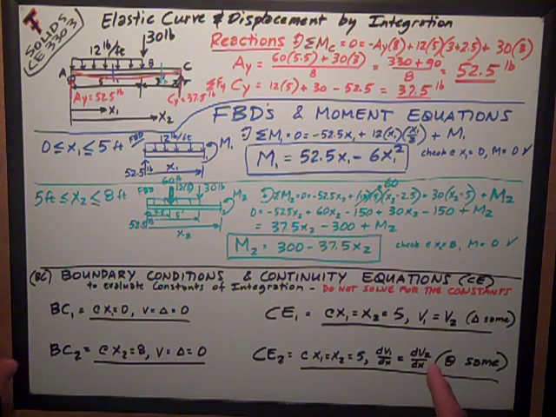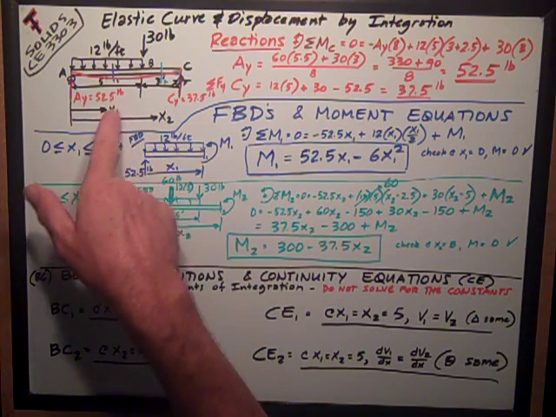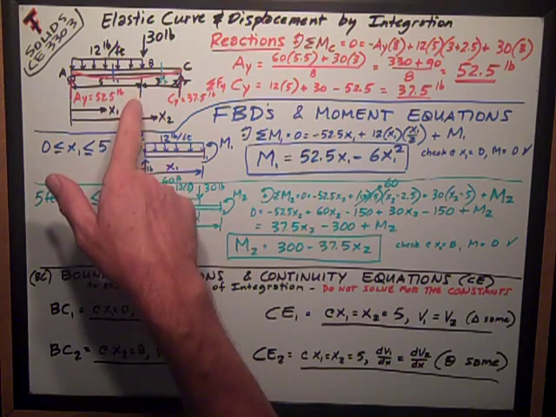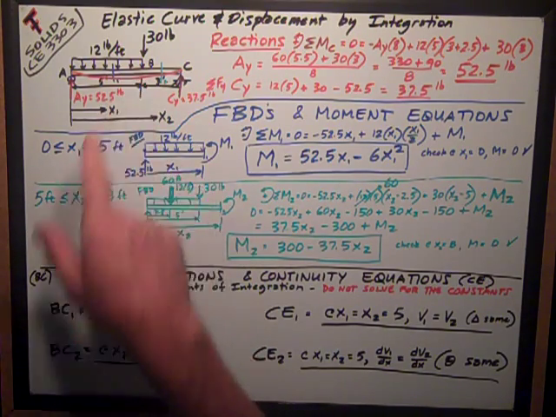Continuity equations are things that occur in the continuous nature of the beam. And so think about that, continuity, continuous. So I observe that where I switch from x1 to x2, my elastic curve is just a number, the deflection.